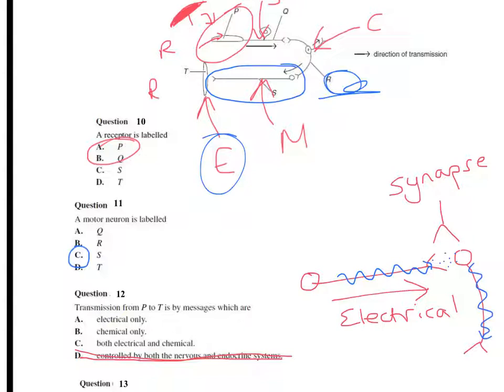Okay, so that diffusion here is chemical in nature. So because we're going through the whole of the reflex arc, not just one neuron, it has to be both electrical and chemical.